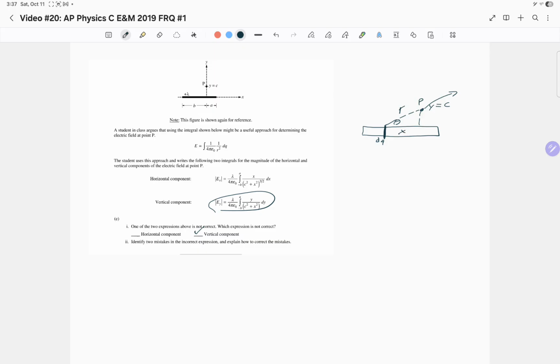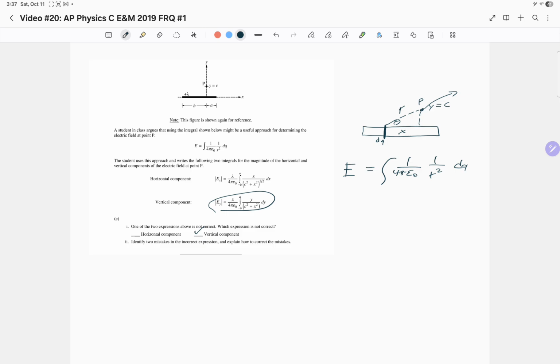Okay, so if we set up our integral, E equals, I'm trying to just see what types of variables they used. R is going to be that distance from the charge, the little bit of charge dq, to that point P. X is just going to be the distance on the x-axis at which the charge dq is located. And I just used the angle theta there because that's going to be helpful for the finding.